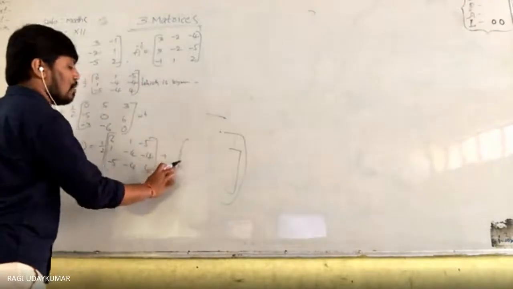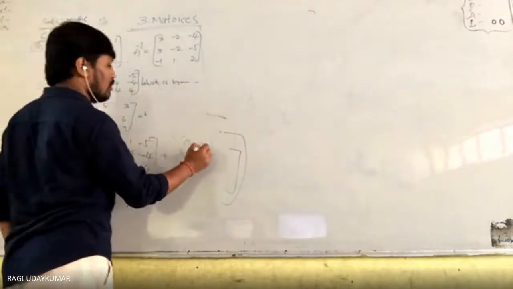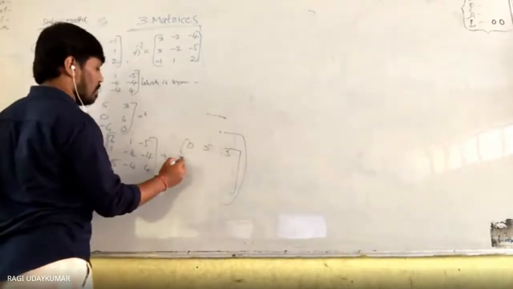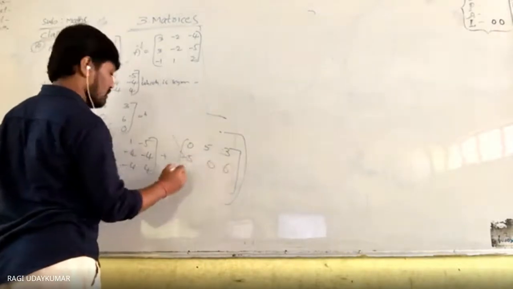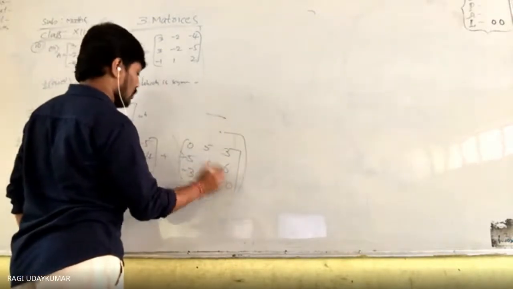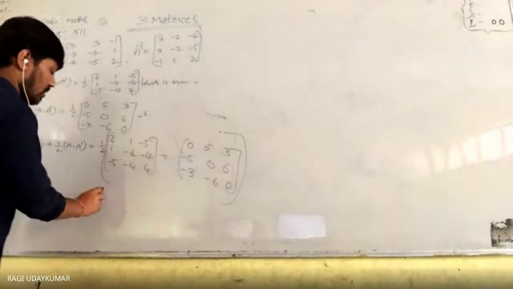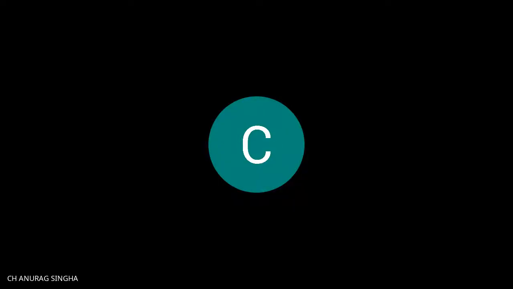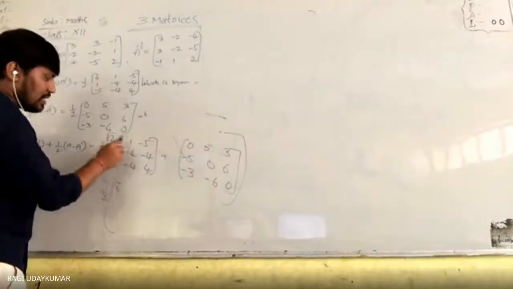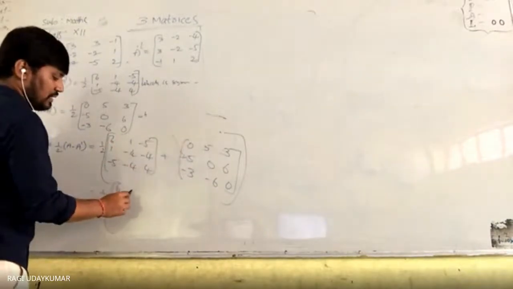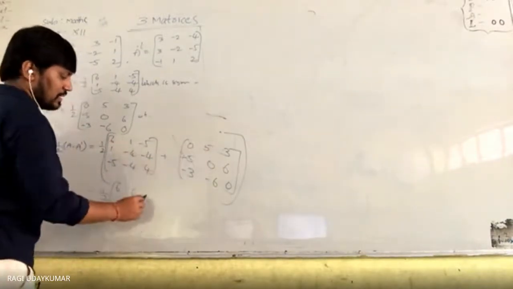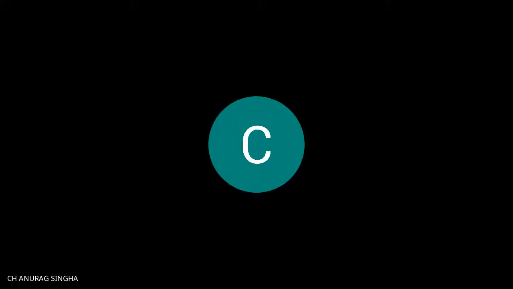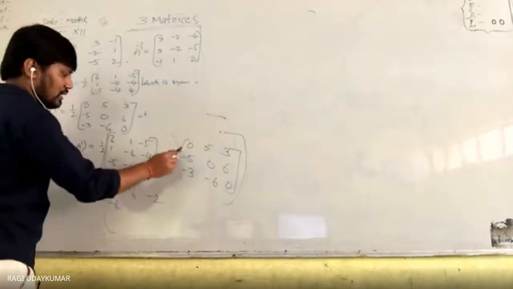And take the matrix common. So what you will get is 0 5 3, minus 5 0 6, minus 3 minus 6 0. Add these two and multiply by 1 by 2. After adding both, here 6 will come: 1 plus 5 is 6. Minus 5 plus 3 is minus 2. 1 minus 5 is minus 4, minus 4.